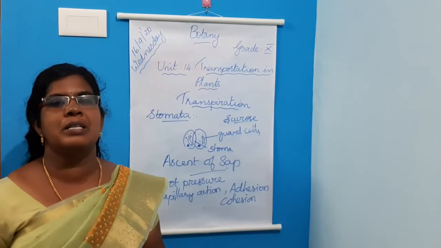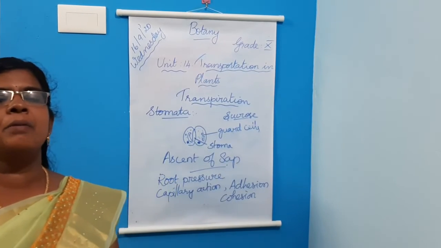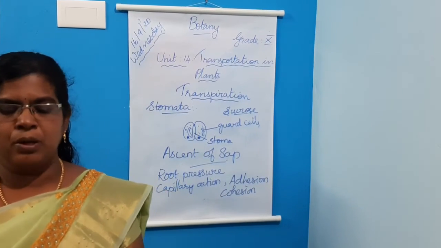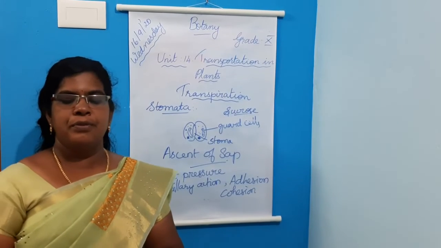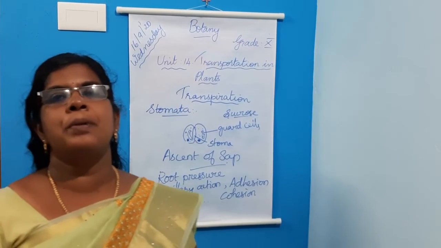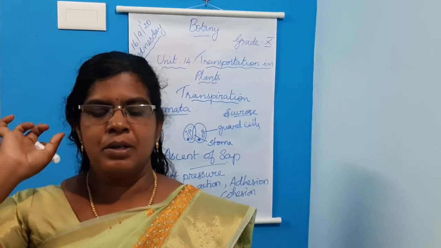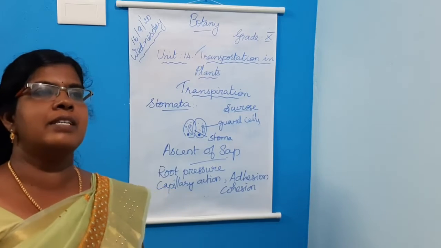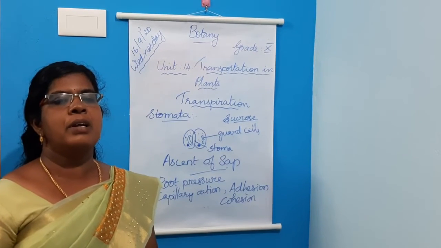You all know what is transpiration pull, isn't it? A pressure created because of transpiration. That is transpiration pull. Next, when the climate is humid, excess water present in the leaf or the plant is exuded in the form of liquid.